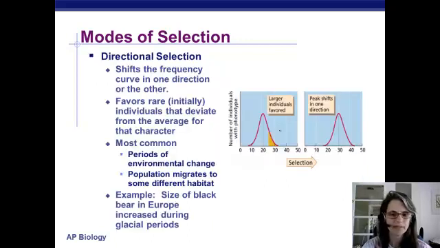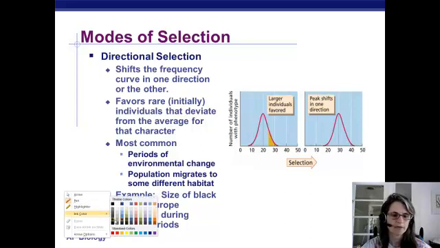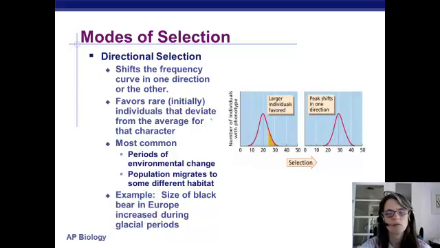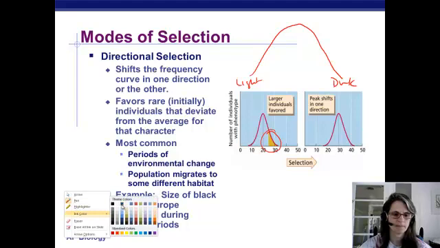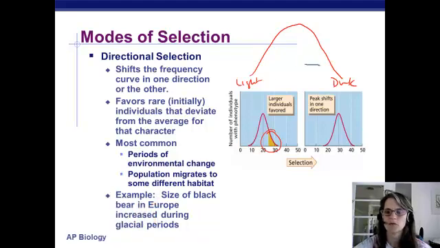Okay? Now, directional selection is a little bit different. Directional selection is when we're going to press for one side of the curve. So if this was my original curve with the light color and the dark color extremes, I'm going to get the curve to move over time towards the dark, and it's going to peak out over in this direction over time.